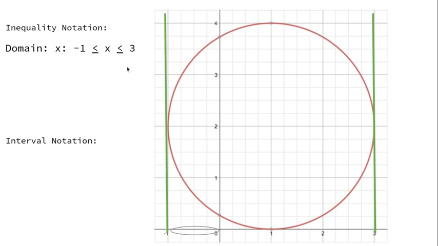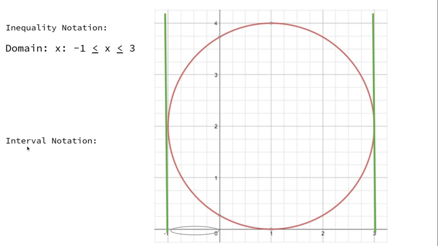So the reason we use those equal to symbols, again, is because our circle is touching at -1 and it is touching at +3. And we'll talk in a little bit about what happens when our graph does not touch at those endpoints. So that is our inequality notation because it contains the inequalities within the statement.